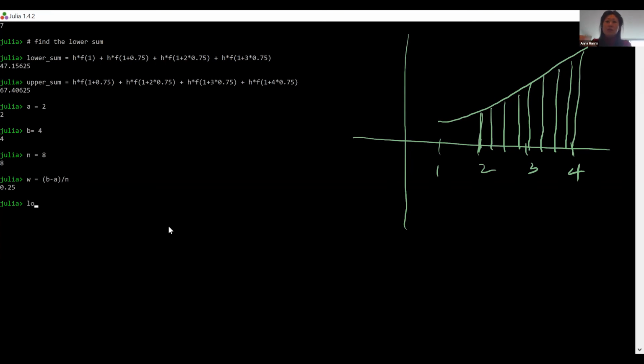So for the lower sum, just use a variable, so you don't have to change your numbers again and again.